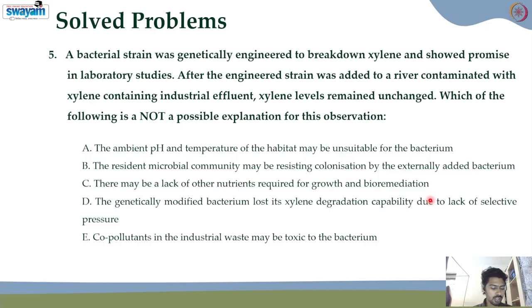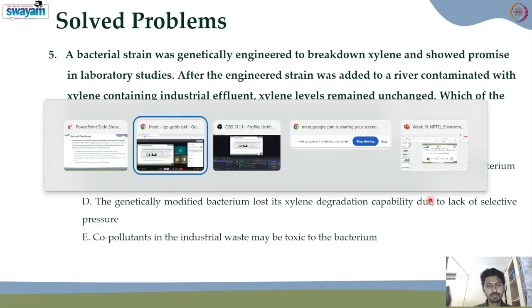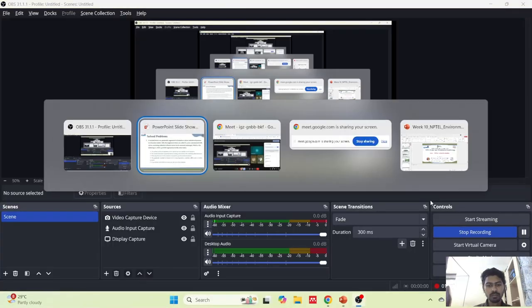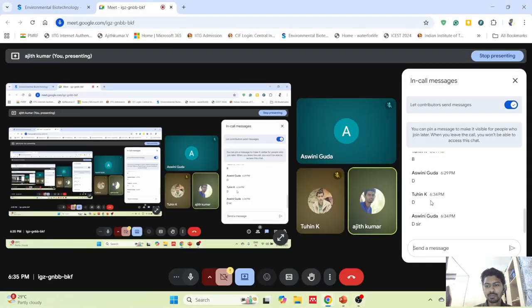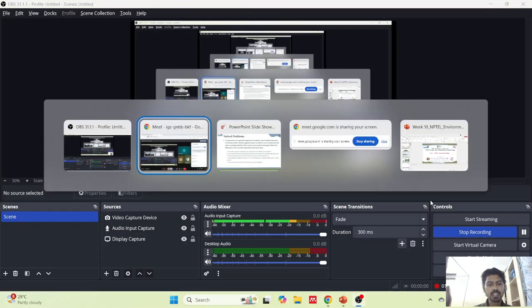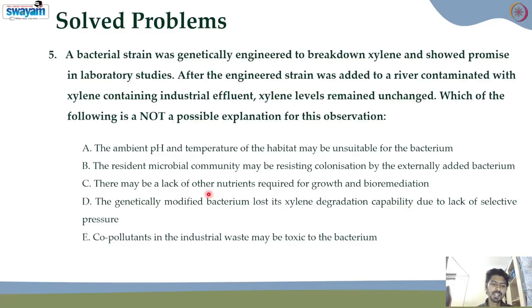And your answers are: which among the following statements is not a possible explanation? Option D, okay. The genetically modified bacteria could have lost its xylene degradation capability due to lack of selective pressure.